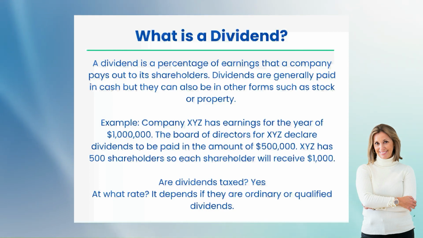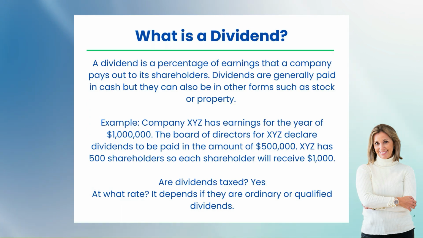So for example, company XYZ has $1 million of net income for the year. The board of directors decides to declare a dividend in the amount of $500,000. There are 500 shareholders of XYZ, so each shareholder is getting $1,000. That $1,000 would be reported on 1099-DIV.